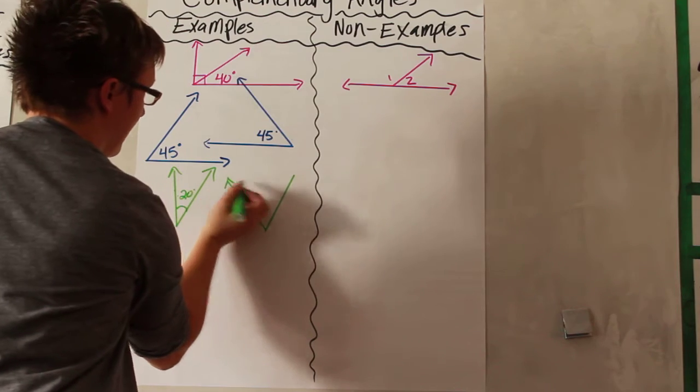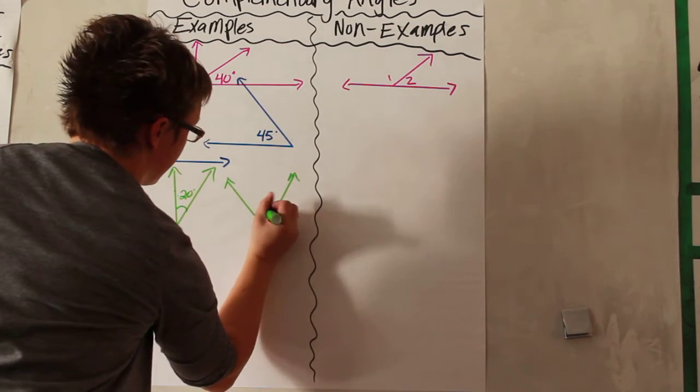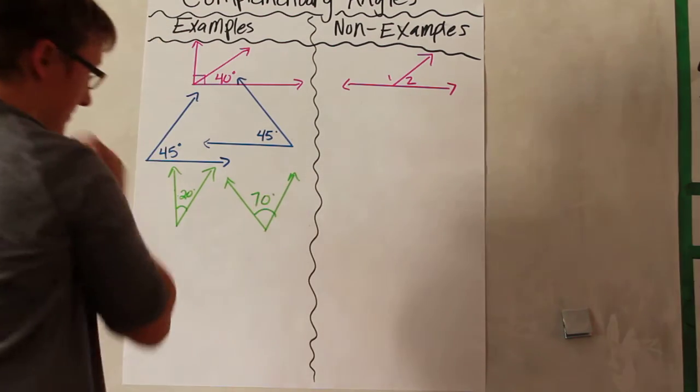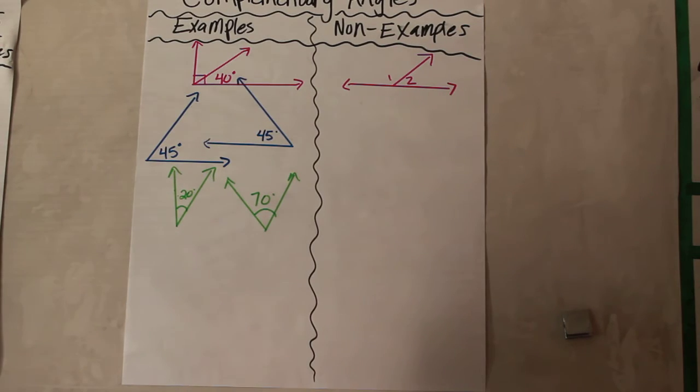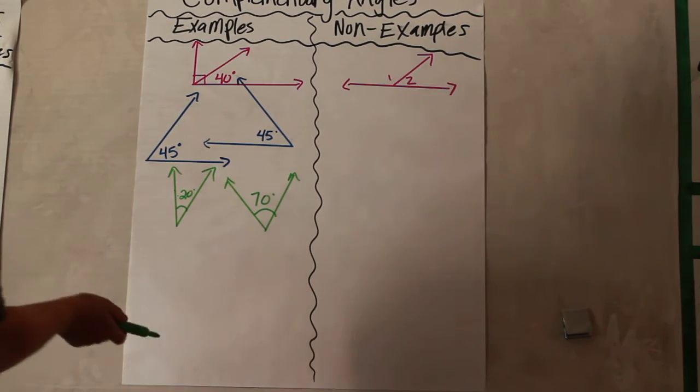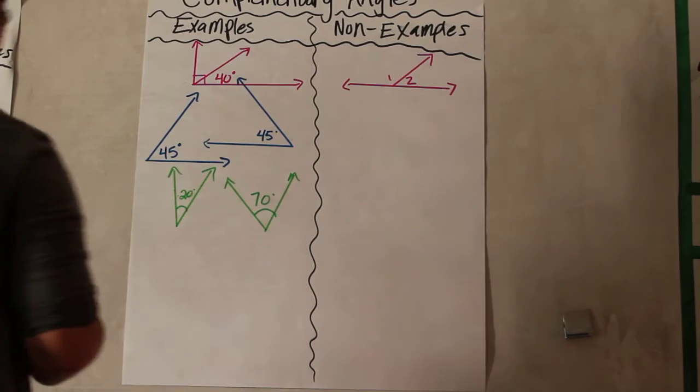Make sure we have a ray. 70 plus 20 is 90. It could have been 75 and 15. Any way that 90 is dispersed, as long as it's two angles added together, the sum, we have a complementary angle.